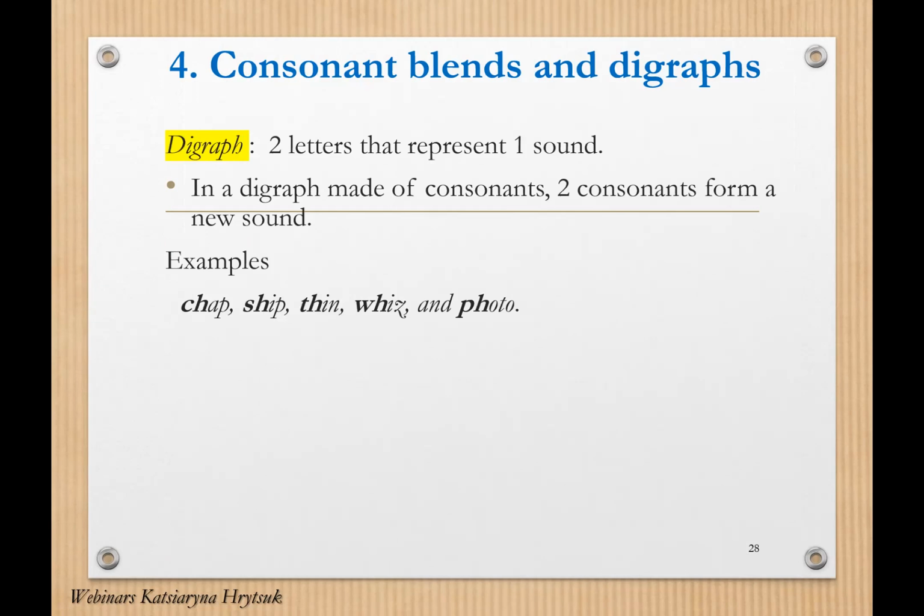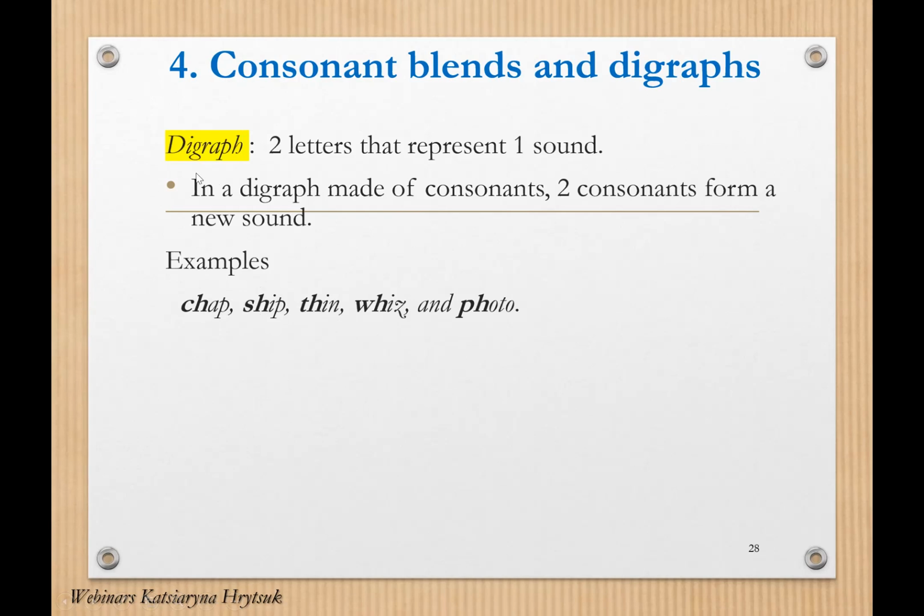In a digraph made of consonants, two consonants form a new sound. You see, consonant C, consonant H, but the sound is ch, right? Sheep: consonant S and consonant H, but the sound they give is sh. So this is called a digraph.